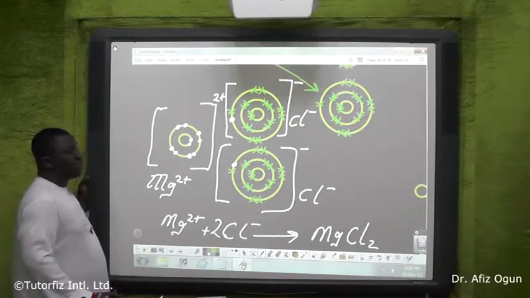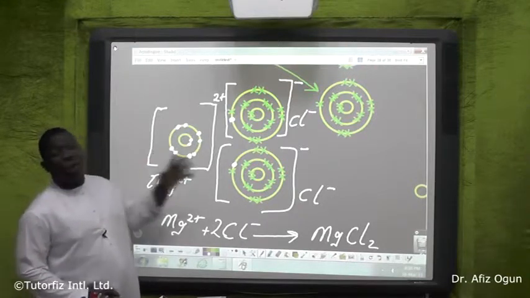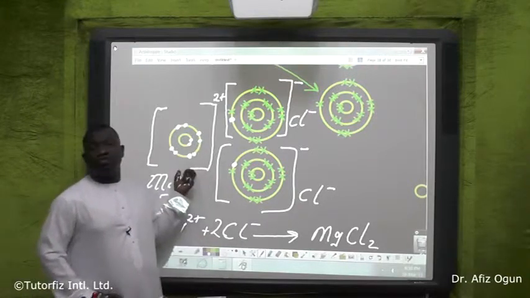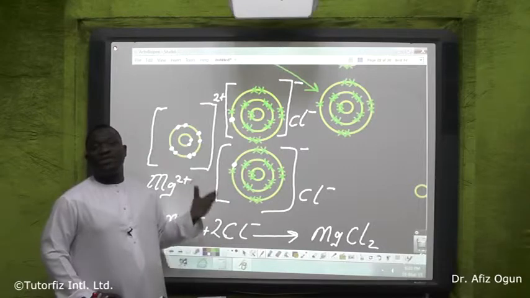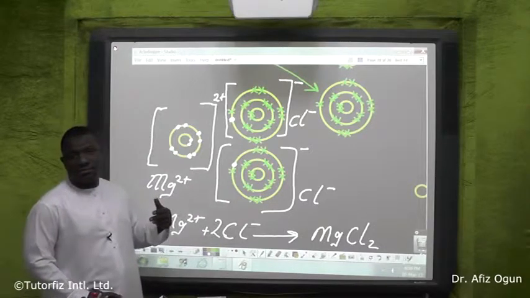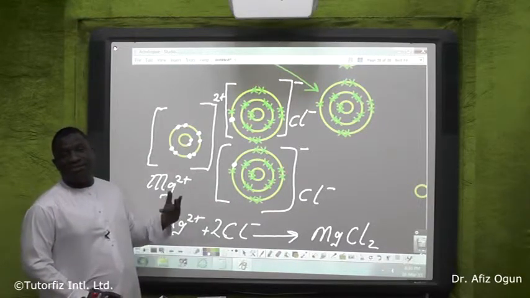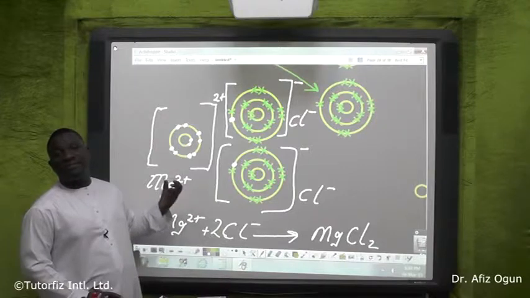Now we have seen 1 giving 1. Now we have seen 2 giving 1, that is, 2 accepting from 1.